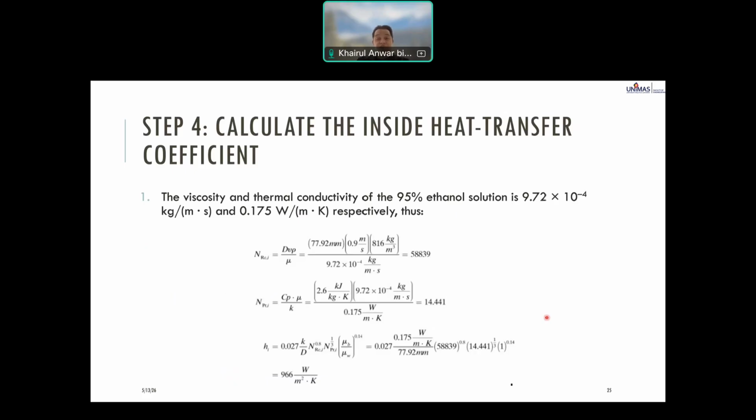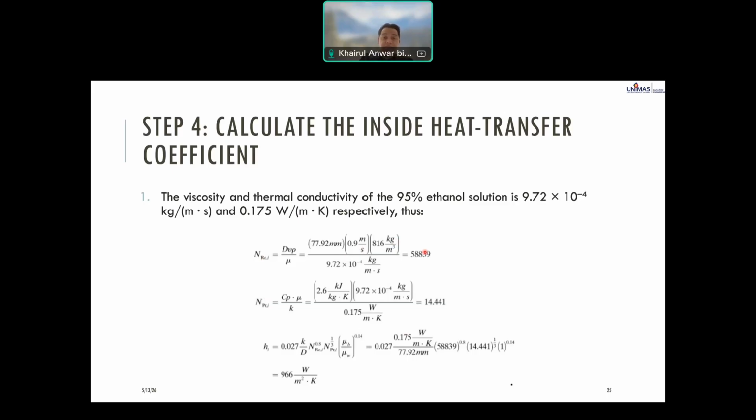Step 4, calculate the inside heat transfer coefficient. The inside heat transfer coefficient is for the inner tube. We calculate the Reynolds number first, then calculate the Prandtl number.